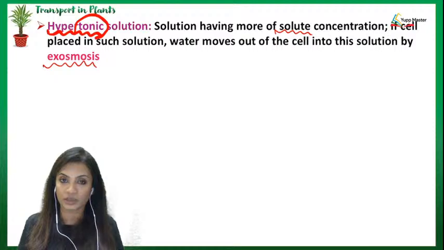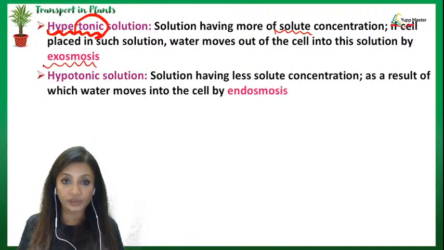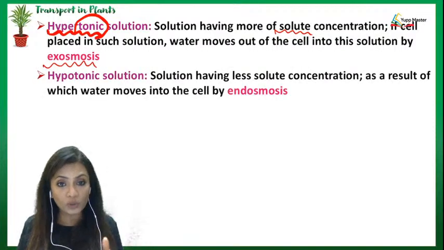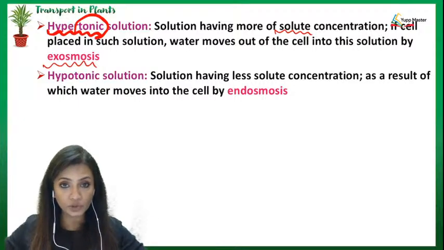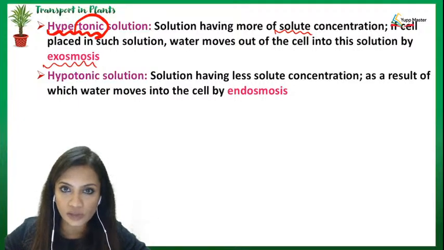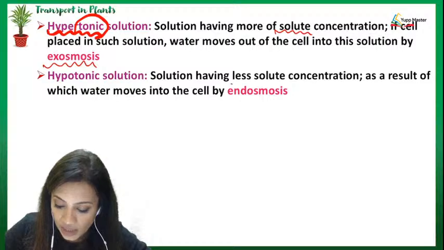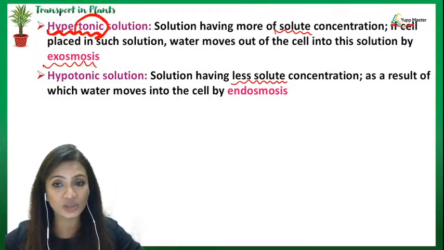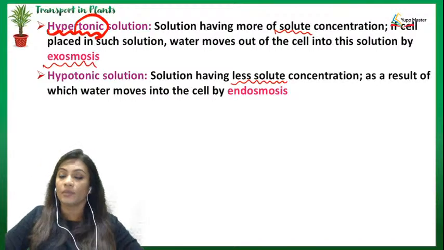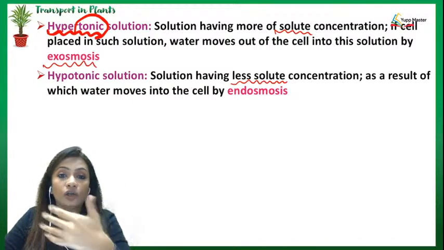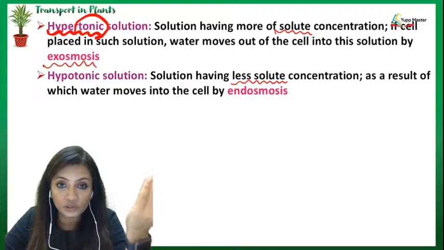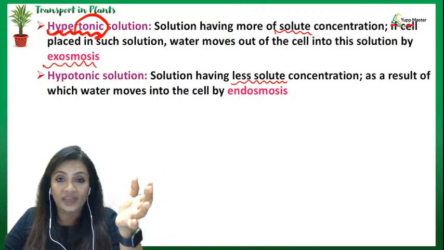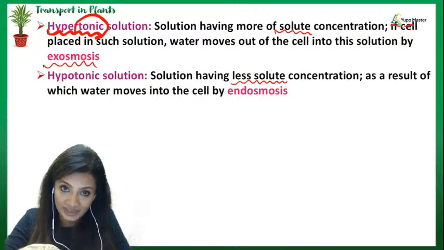After hypertonic solution, let's move on to hypotonic solution. Hypotonic solutions are those having a lower concentration of solutes. Because the concentration of solute in the surrounding solution is less, there is more concentration inside the cell.